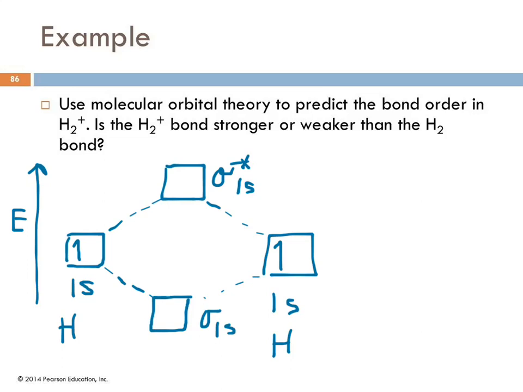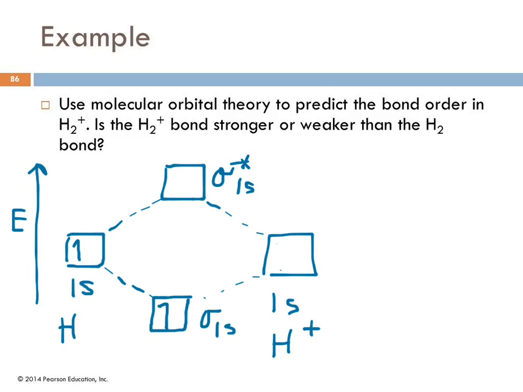But if it's H2 plus, do we add an electron to this or subtract one? Subtract one. So we need to get rid of one of these. You could do the right one or the left one. It doesn't really matter. Let's just erase that guy. And then this is H2 plus. We have 1 electron, and it's going to go into the bonding orbital.